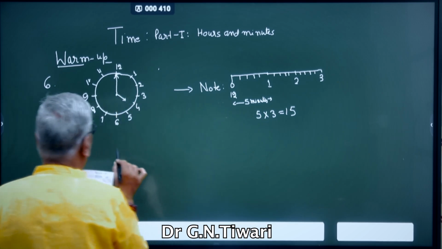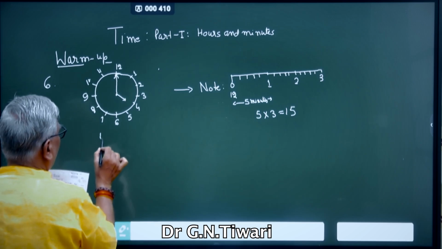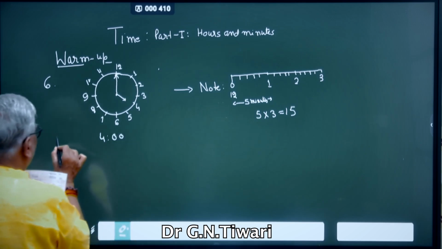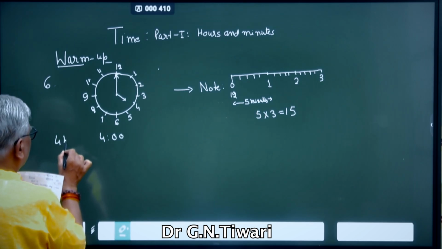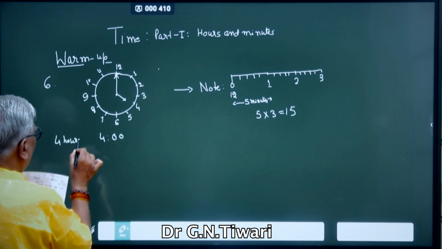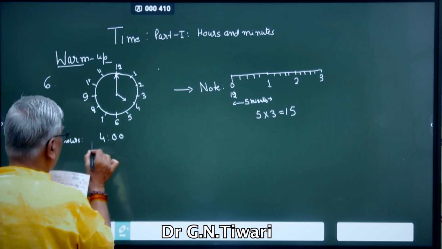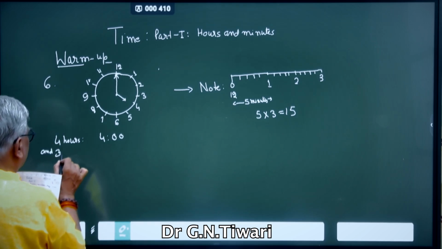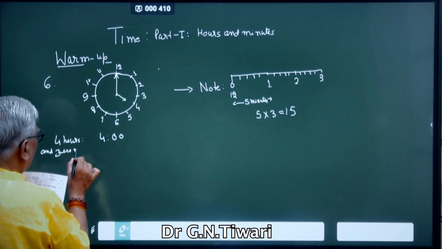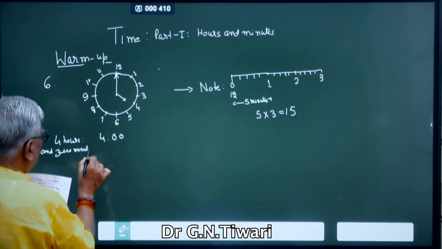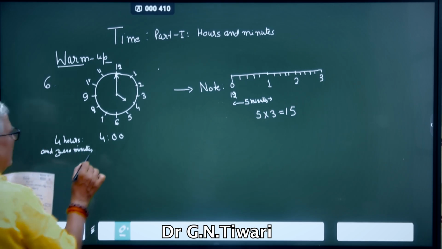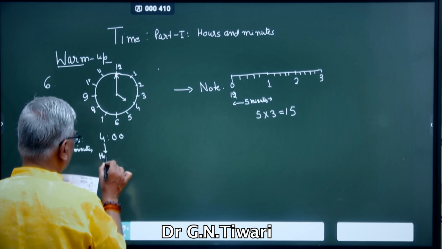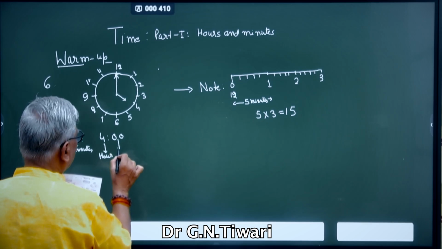So it is only 4:00. Means it is 4 hours and 0 minutes. See, we are teaching class 2 students. So be careful whether it is hour or it is minutes.